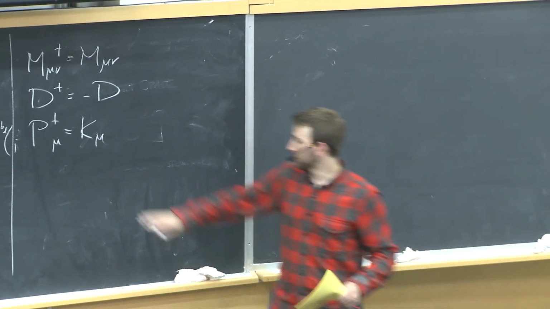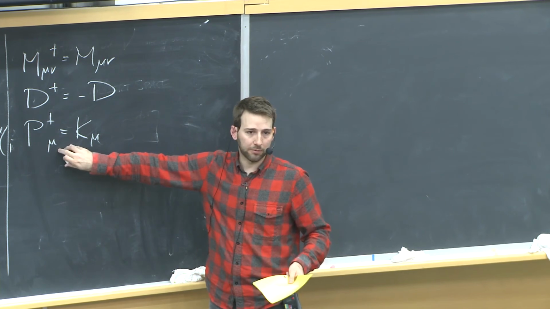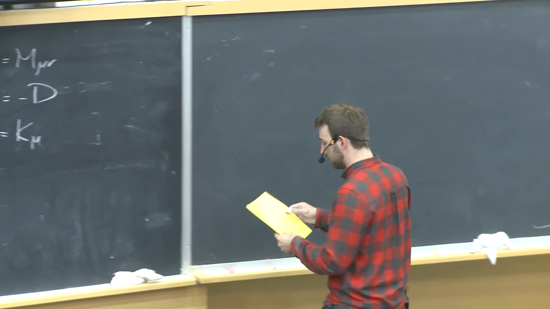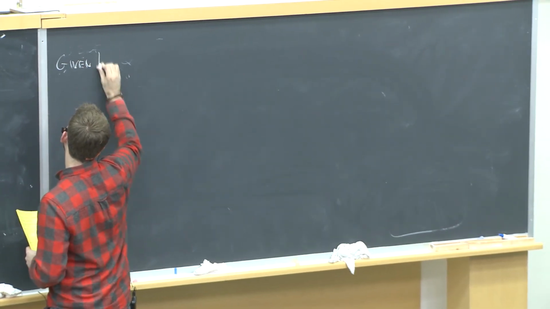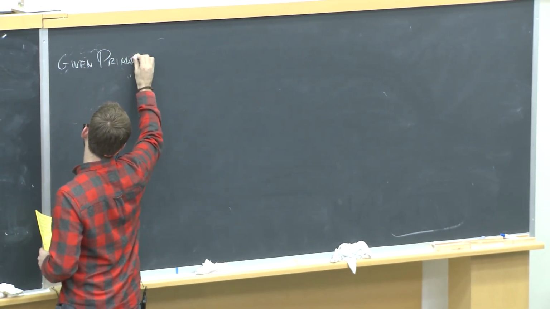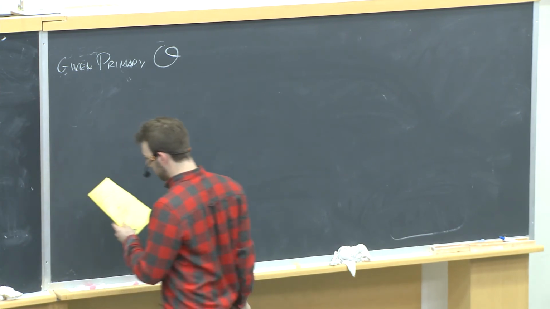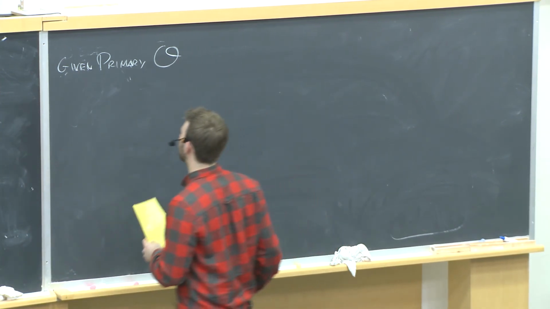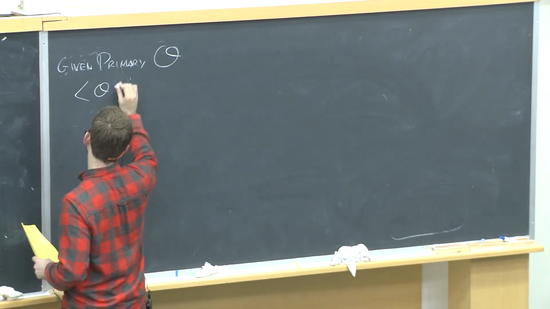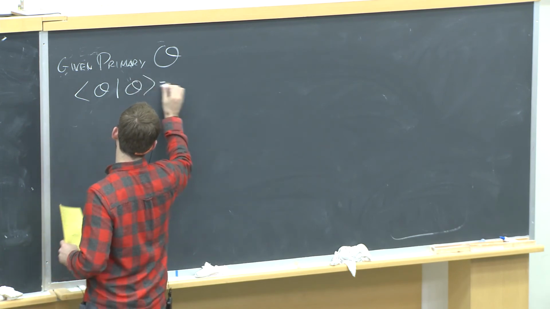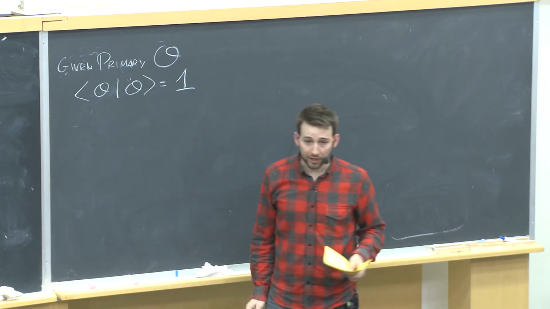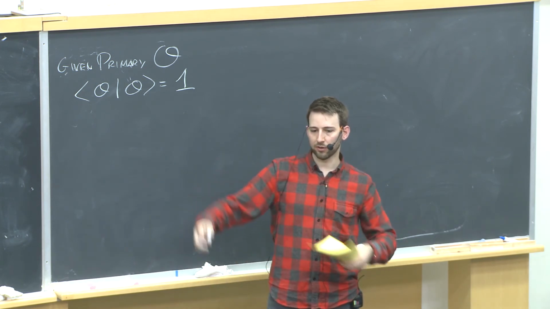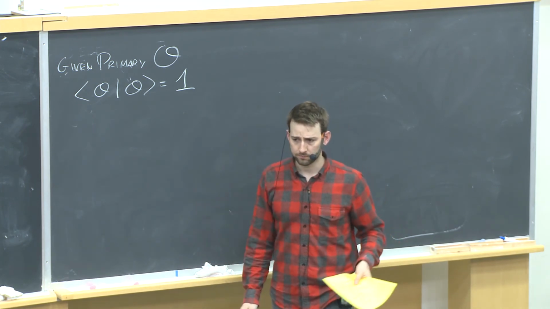But these requirements, these adjointness properties, impose some constraints. So for example, suppose I have a primary O, and I normalize the state that I get on the sphere from acting with that operator to have unit norm.